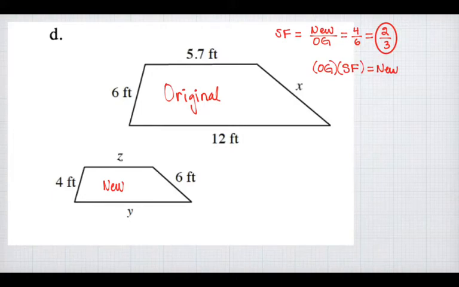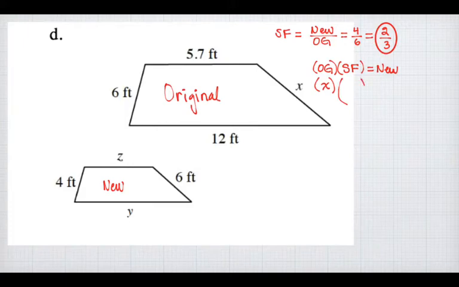And now let's try to determine the value of x. If we're trying to determine the value of x, we need a corresponding side to x. So which side corresponds to x? 6, right here. Between these two, which one's the original? X or 6? X. So x must go right here with the original. So we're going to go x times the scale factor.